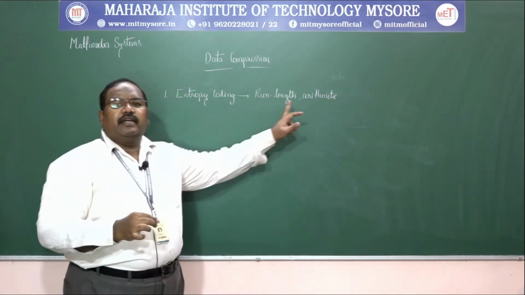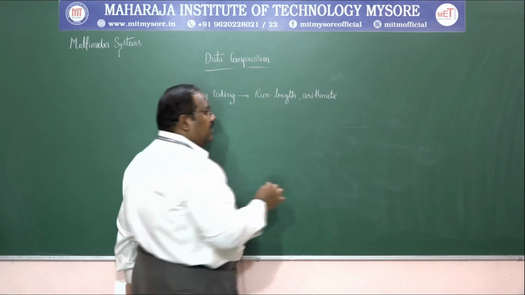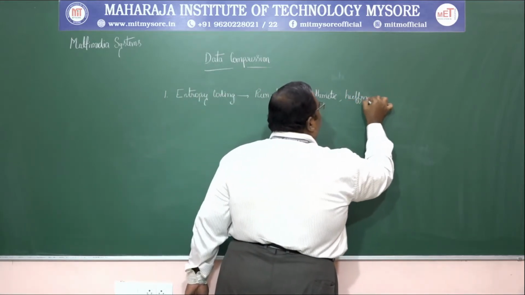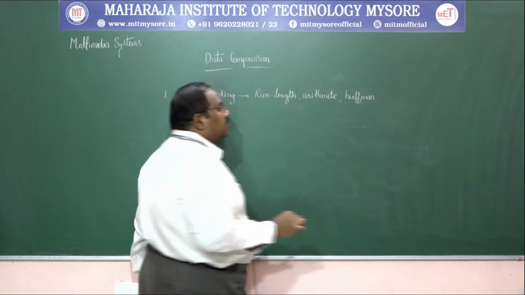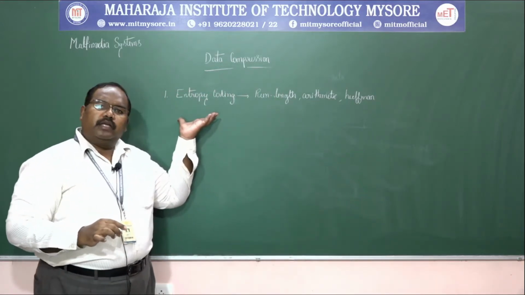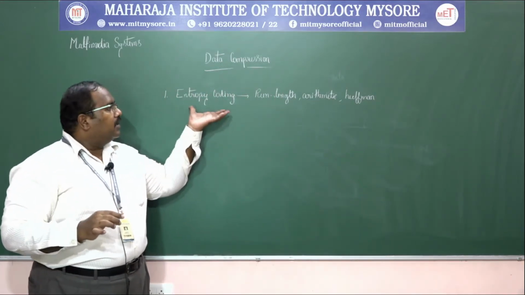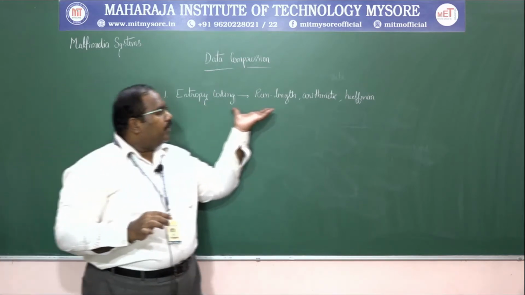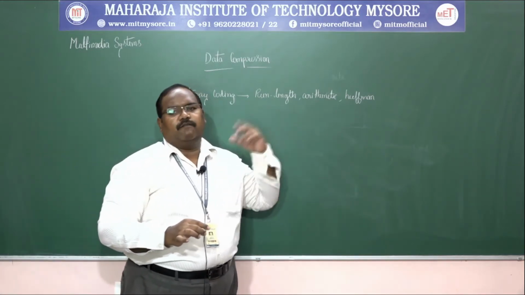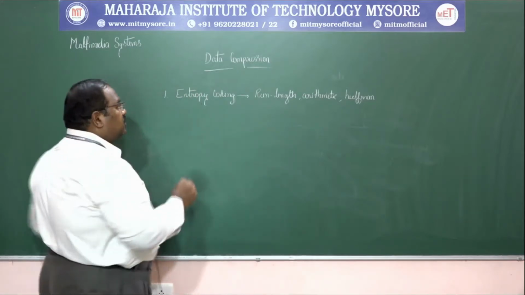These are the different techniques. Okay. Then Huffman coding. So in this subject we mainly study entropy coding. So in entropy encoding, we study the run length, arithmetic and also Huffman coding. And the next is source coding.